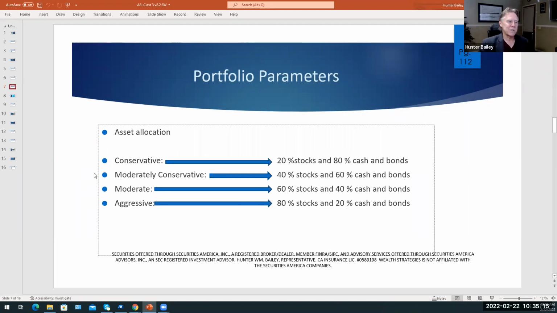A moderate conservative portfolio might be 40% stocks, 60% cash and bonds. A lot of people argue that the 60-40 portfolio, the moderate down here, the 60-40 portfolio is dead. That's what you'll hear from a lot of advisors. Well, the 60-40, meaning 40% in long-term bonds, yeah, I haven't been touching those for years.